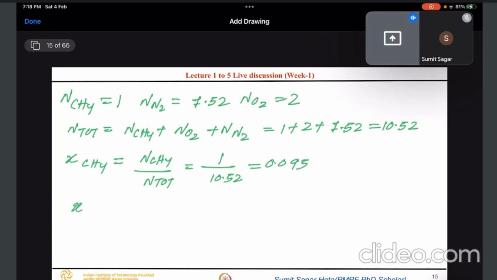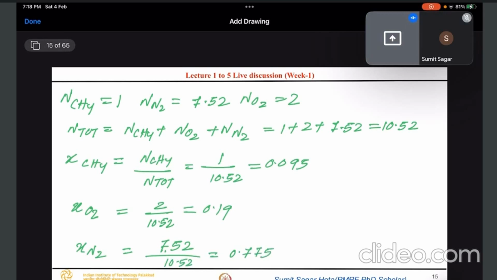In a similar way, directly I write: X of O2 is 2 by 10.52, which is 0.19. Now, what is X of N2? N of N2 divided by total number of moles, 7.52 divided by 10.52. This value is 0.775.